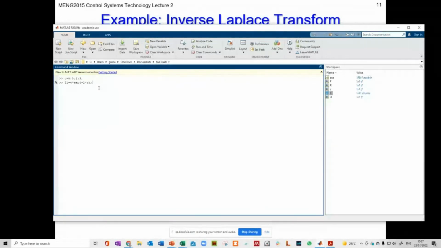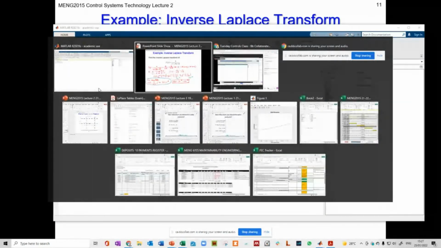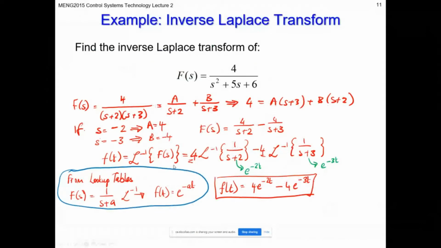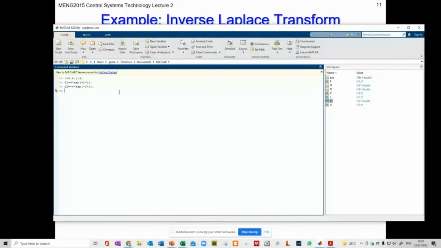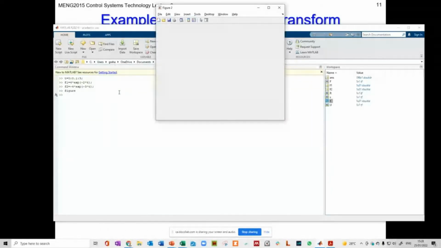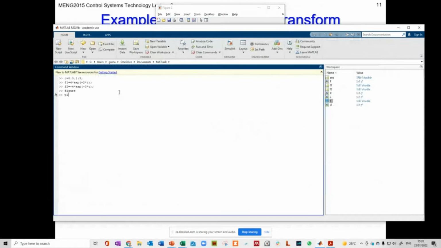So now I can create F1, and I can also create F2, and this is minus 4 times exponent minus 3 times t. All right, let's just flip back. Minus 4 times e to the minus 3t. So I've created these two. Now I'm going to create a new figure, and I'm going to plot t, F1, and I'm going to plot t, F2.